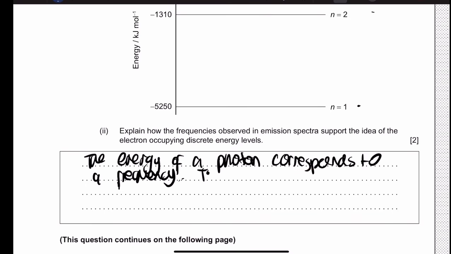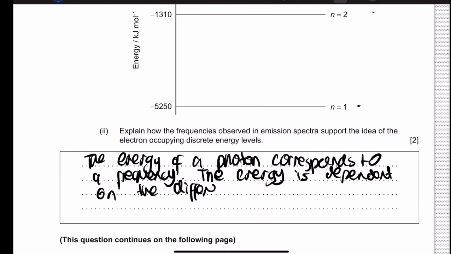And the energy is dependent on the difference in energy levels, right?